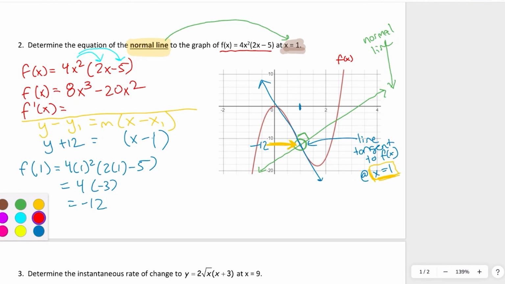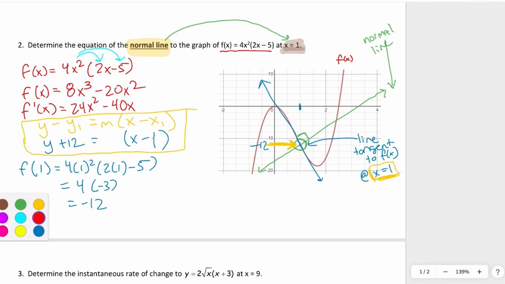I don't really need too much room to do that. Now that we have the power rule, we can just get it in one step. So 3 times 8 is going to be 24 x squared minus 40x. So that's the derivative. That's the slope. And since I want to know what the slope is when x is 1, I can substitute 1 into this slope formula.